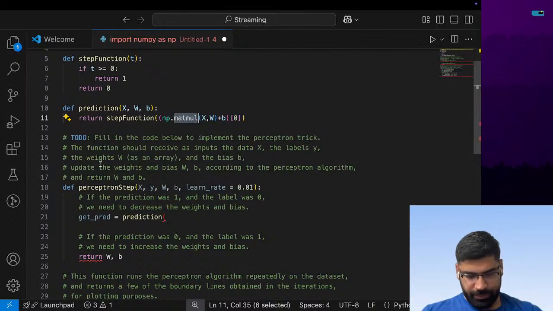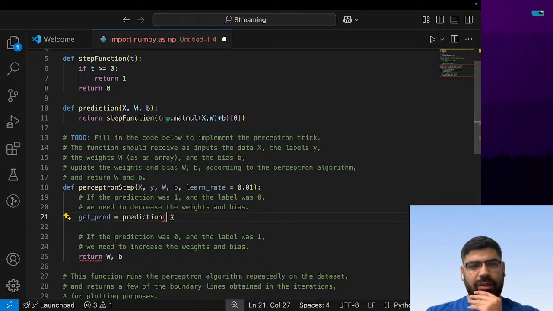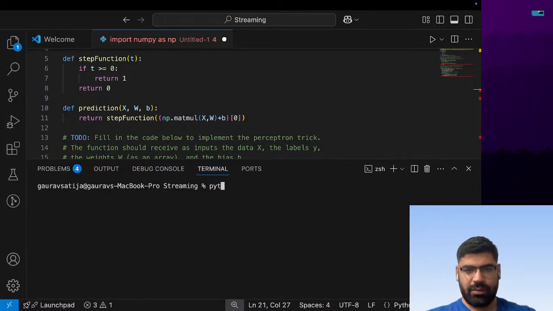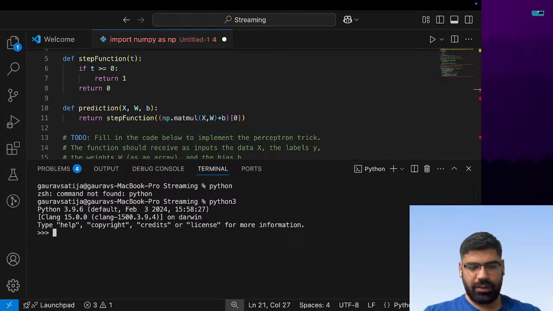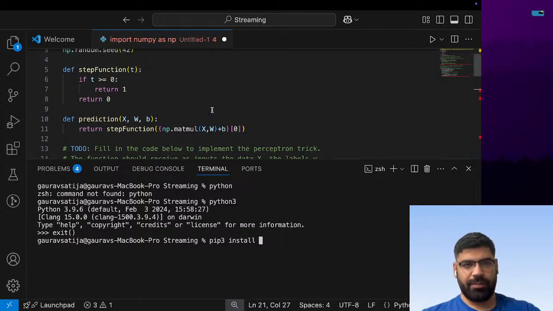Okay, all good. So I had this prediction with the weight X matmul. I have no idea what that is. So what I'll do is, we have Python here. Python 3 is there, right? So pip install, or pip3 install numpy.